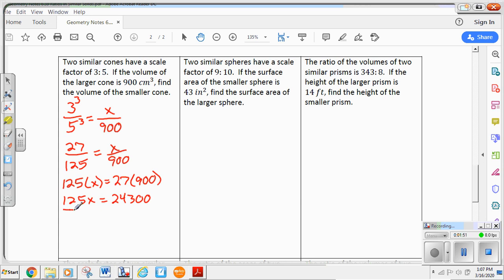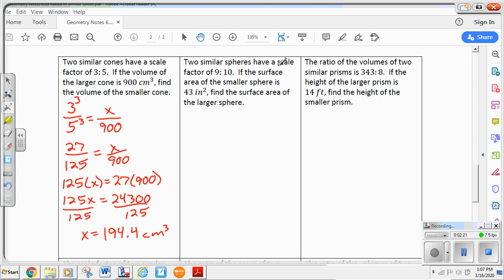Then divide both sides by 125, and x is 194.4 centimeters cubed. So make your proportion, make sure the dimensions match, so apply the correct exponent or root, and then cross multiply to solve the proportion.